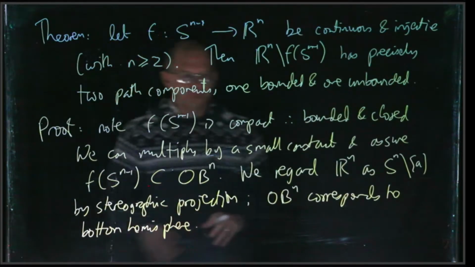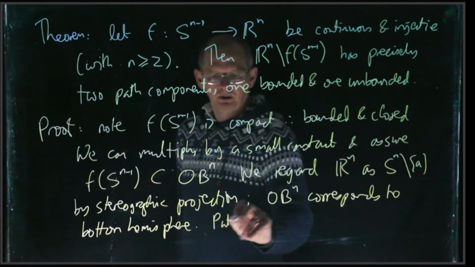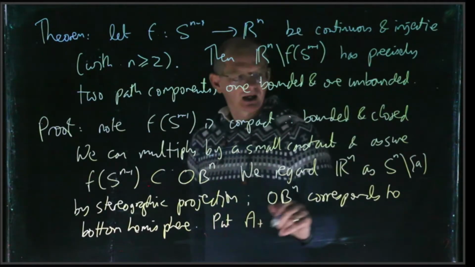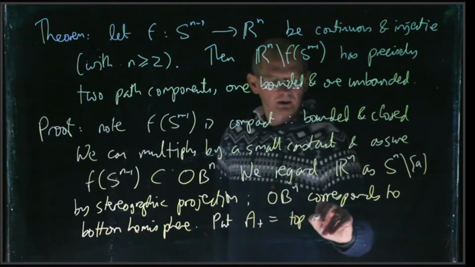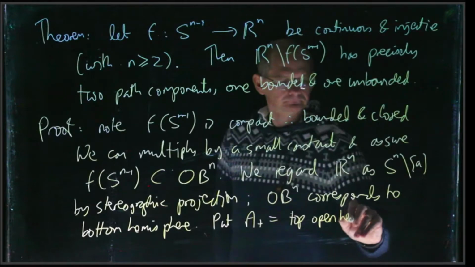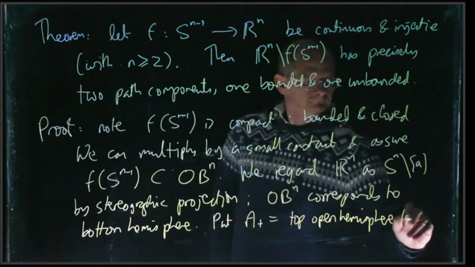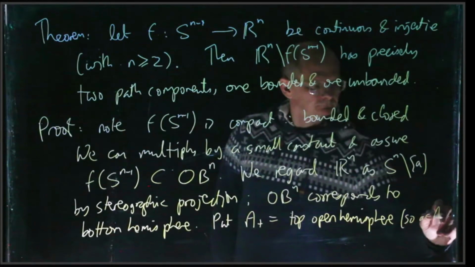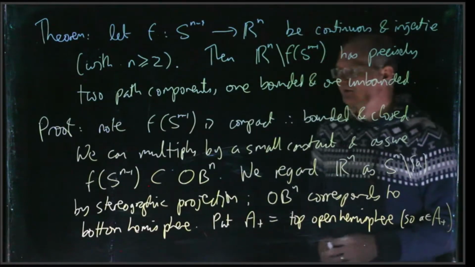Okay. So let's put A plus as the top open hemisphere. So this a is your North Pole. That's going to be contained in A plus.